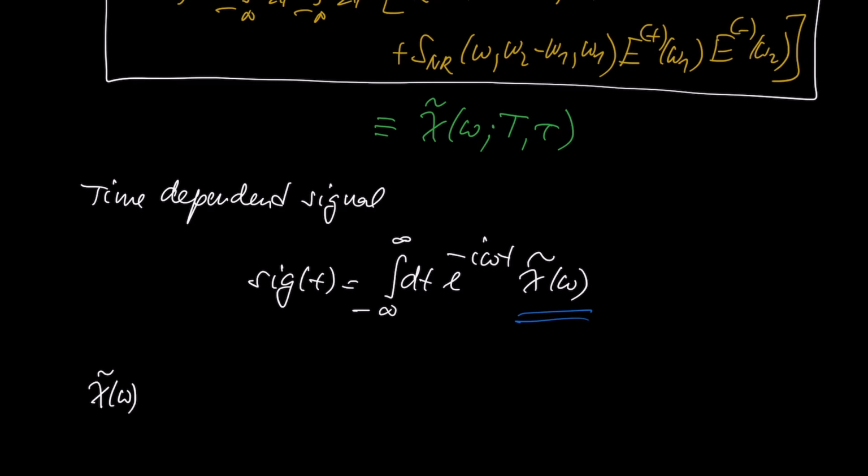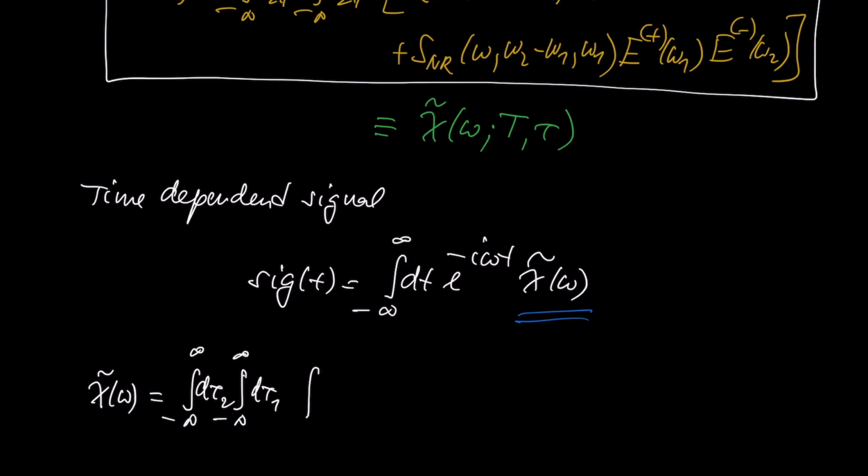Chi of omega equals, so first we will have to write the response function as a function of times now in the second and the third argument. So we will have to introduce an integration over some tau 2 and tau 1.